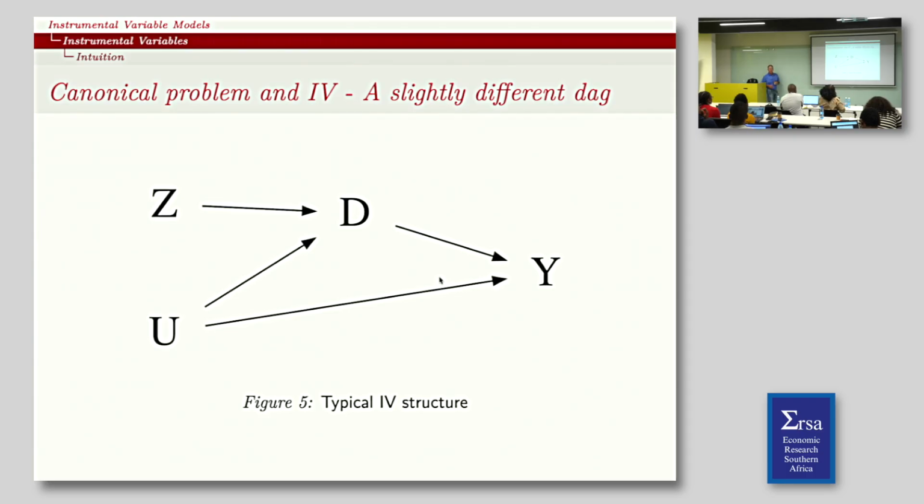It's obvious in the picture. Z is uncorrelated with this term, right? That's what we mean by exogeneity. U does not affect this. So Z doesn't influence Y on its own. It only influences Y through D. Yeah, that's actually another very important point. I think that's my next point on that slide, but yes, absolutely.